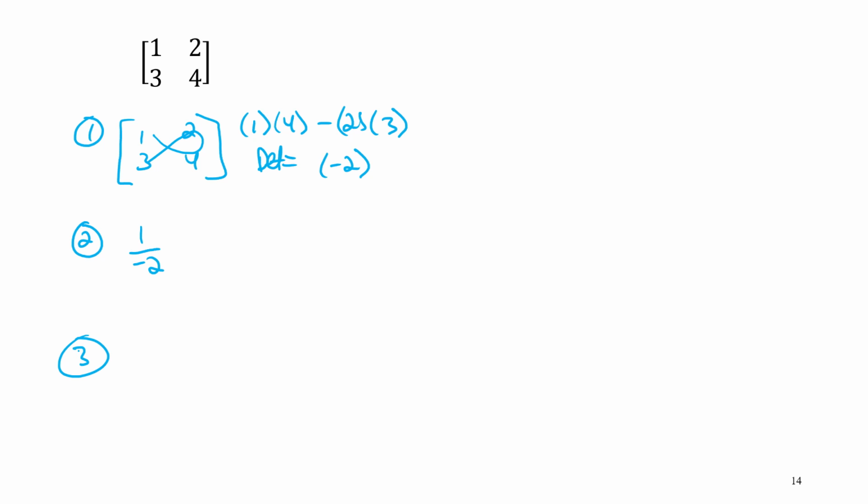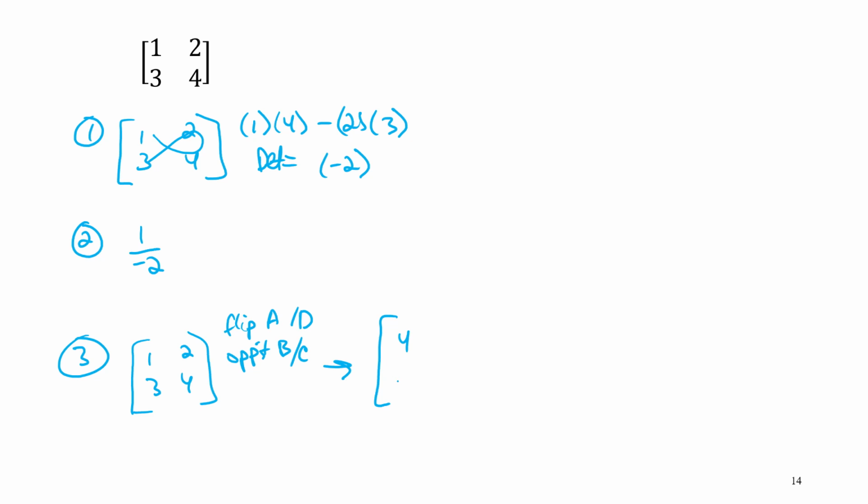Flipping our matrix around. So we start with the 1, 3, 2, 4. We're going to flip the A and the D position. And then we're going to do opposite sign on B and C. So our new matrix would be 4, -3, -2, 1.